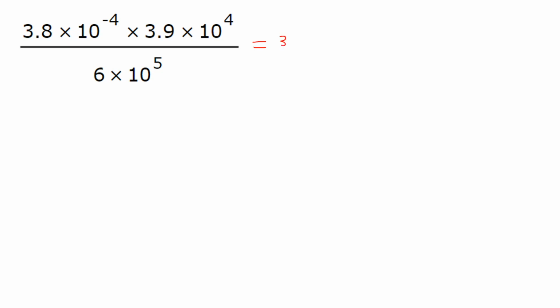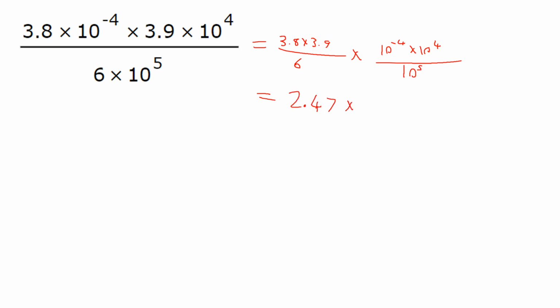So it's going to be 3.8 times 3.9 all over 6, times 10 to the minus 4 times 10 to the 4 all over 10 to the 5. So now let's work it out. 3.8 times 3.9 all divided by 6 is going to be equal to 2.47.